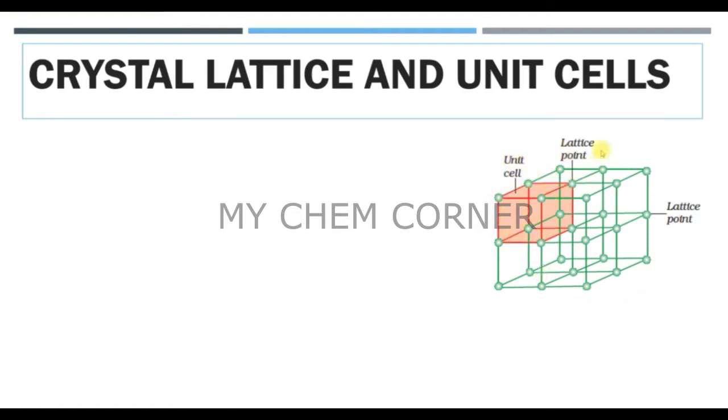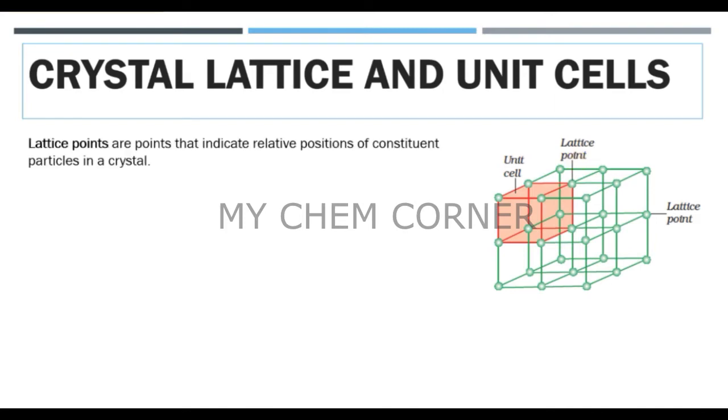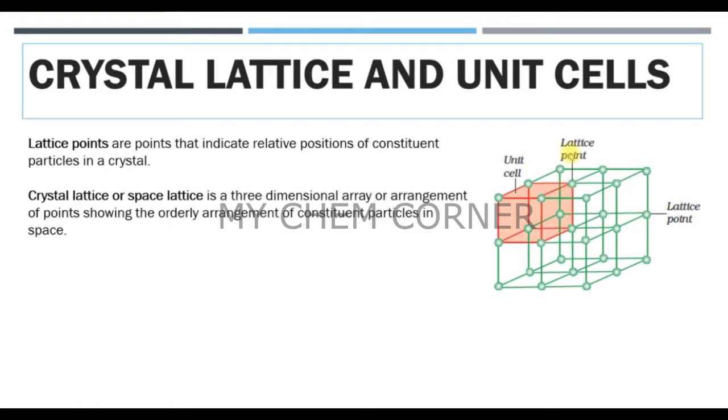So out of an entire crystal, one particular cube is what you call a unit cell, and the individual spheres are called lattice points. Now let's look at the definition of each of these. Lattice points are points that indicate the relative positions of constituent particles in a crystal. So it's talking about the position of a particular particle in a crystal, and that's called a lattice point.